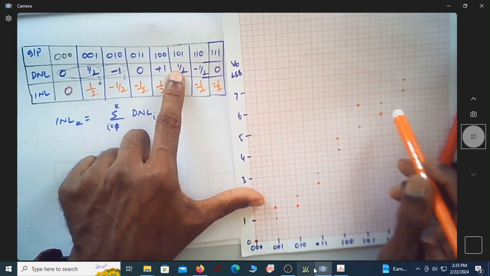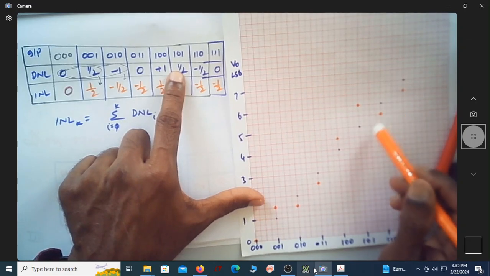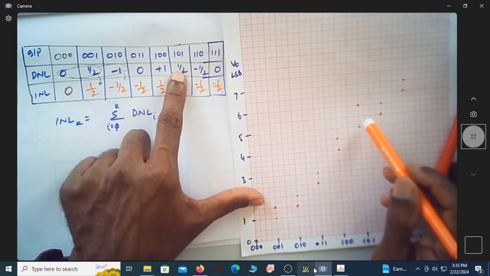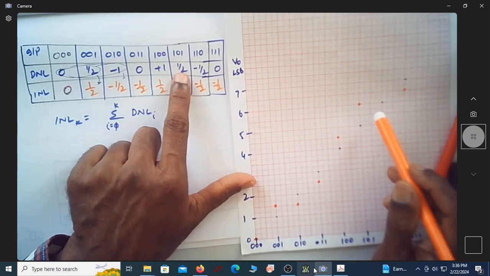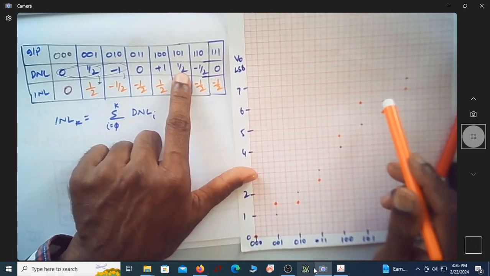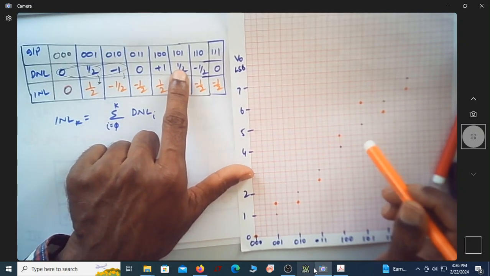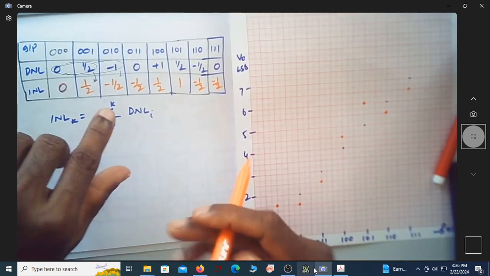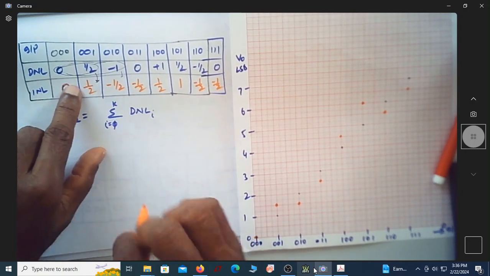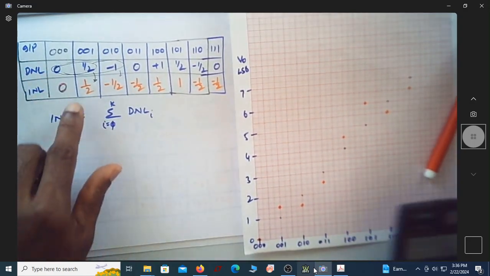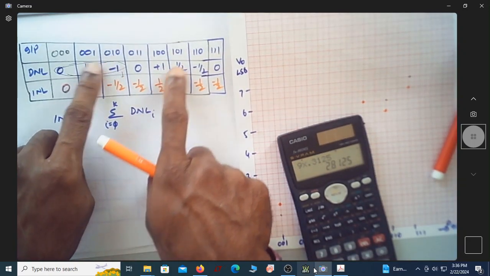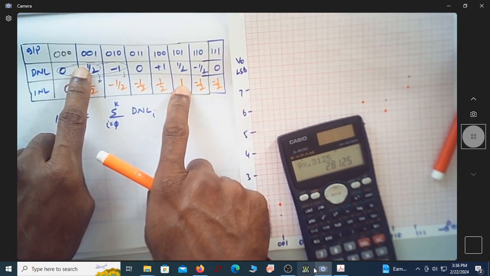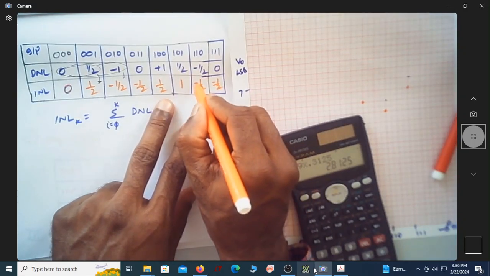What has happened here? This is half LSB, this is minus half LSB. Some fishy thing happened here. Suppose I just add this, let me track it here. Now these two have cancelled, this is half LSB. Oh, this is plus half LSB, sorry.